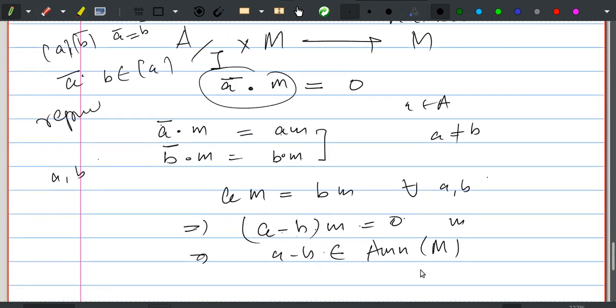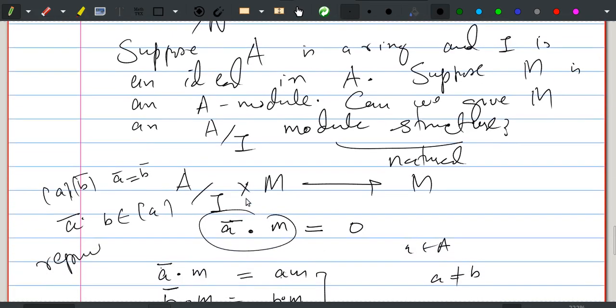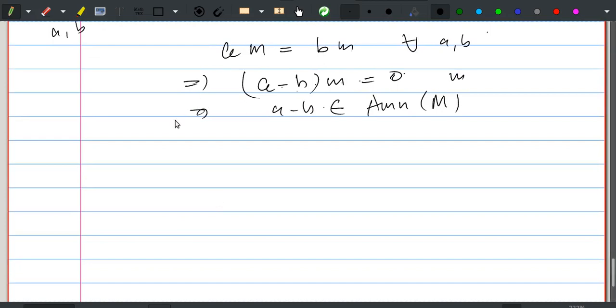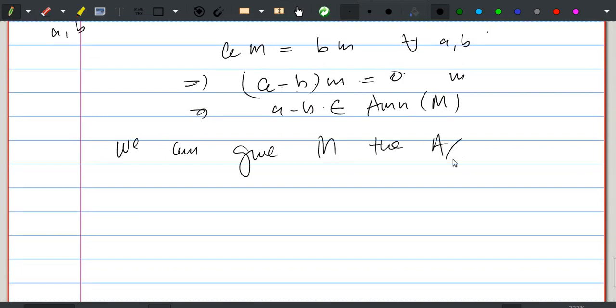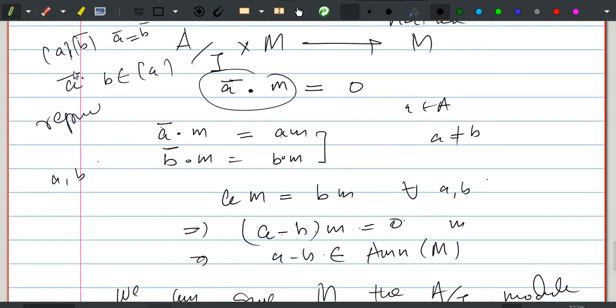So that means we can give M the A mod I module structure only when this I is contained in the annihilator of M. In that case, if we take any two representatives of this a bar, this will give us am, which is 0, and this will give us bm, which is again 0.